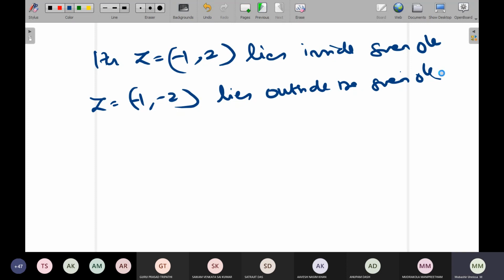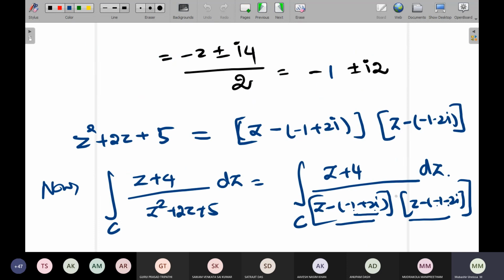So what you can do is, since you are not able to write this in a proper form, take the point whichever is lying outside the circle to the numerator and make that as f of z. Only that point you can take. You cannot take this point.